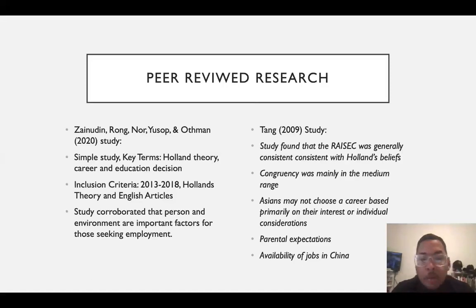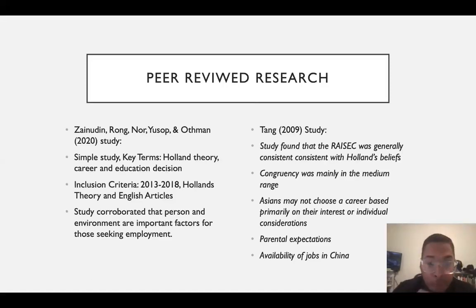As you can see there on the bullet point, parental expectations are real big in their culture. Sometimes their parents have certain expectations, certain jobs in mind for them, and they have a different view as opposed to us. We have more exploration. We're more individual. We like to try jobs out, I guess. But in China, due to their culture, it's a little bit different, and they're more direct on their employment.